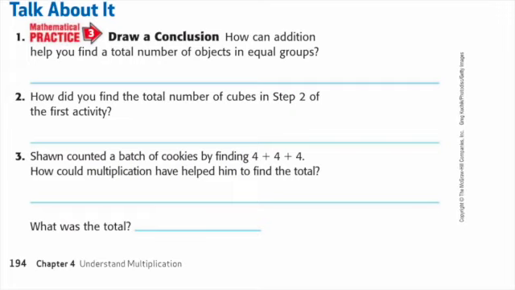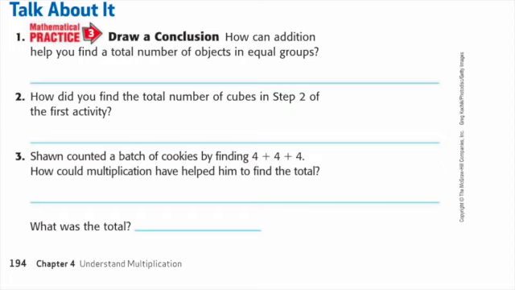Or maybe you just counted by ones because you're not ready to use those yet, and that's totally fine. Did you say 1, 2, 3, 4, 5, 6, 7, 8, 9, 10, 11, 12, 13, 14, 15, and finally 16, 17, 18, 19, 20? Whichever strategy you used, I want you to think about how you can maybe start incorporating different strategies: repeated addition, skip counting, or just counting by ones if you're not quite ready.